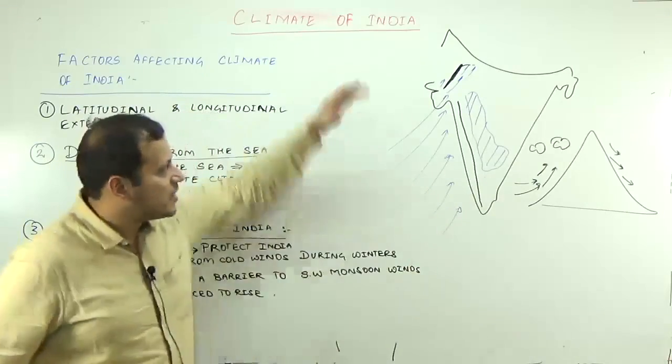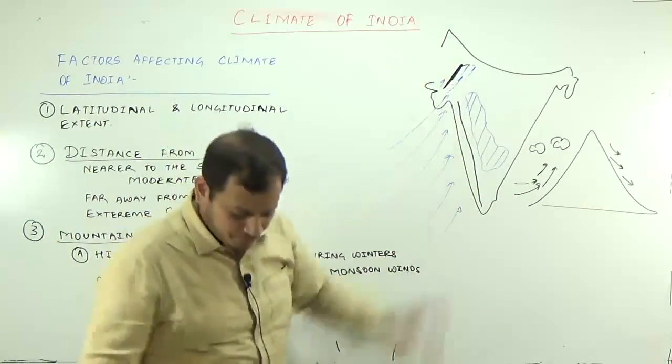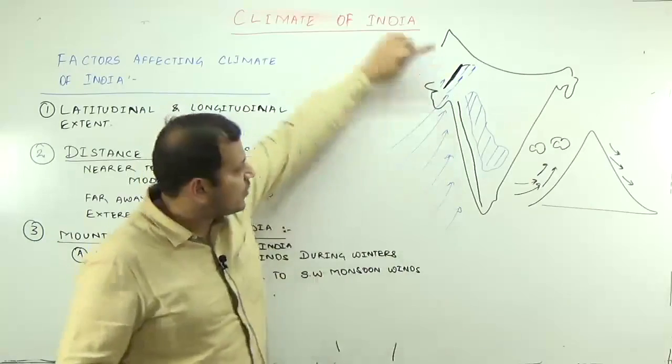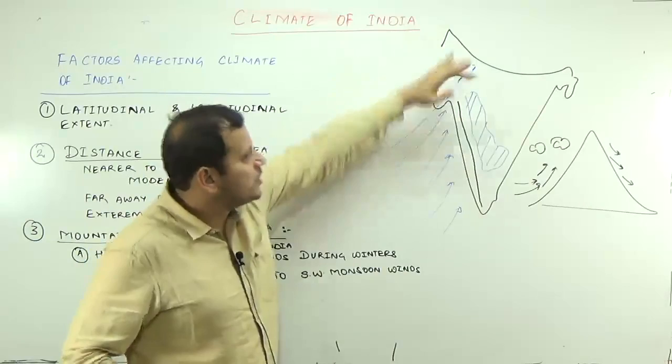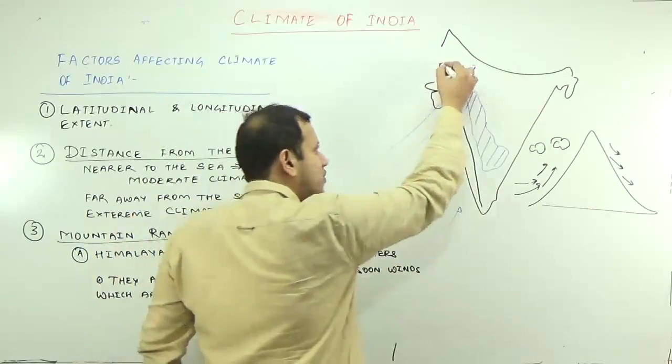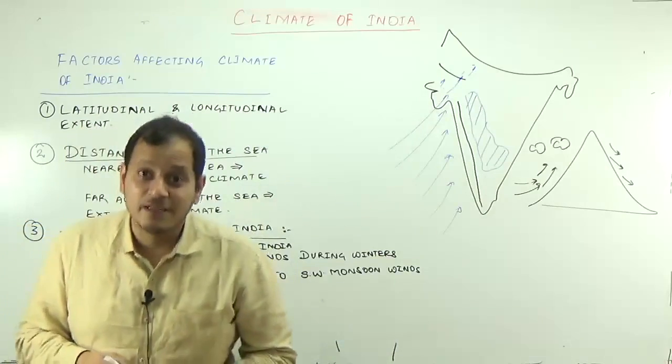So had the direction of the Aravalis, instead of this way, been tilted this way, we'll take a theoretical position, this is the direction of the Aravalis, but had the Aravalis been across the direction of the winds, then this area would have got heavy rainfall.